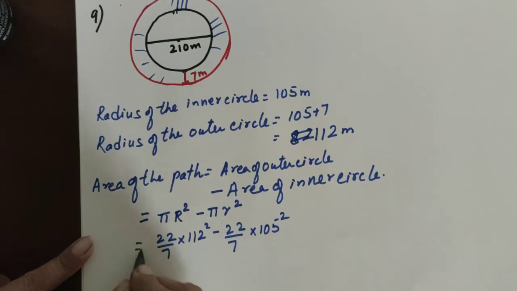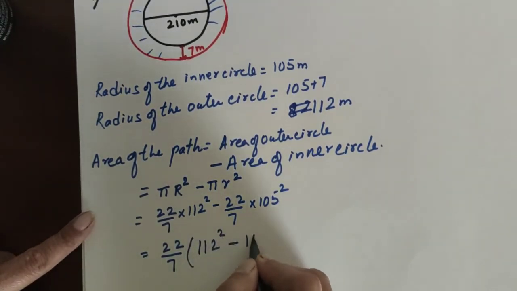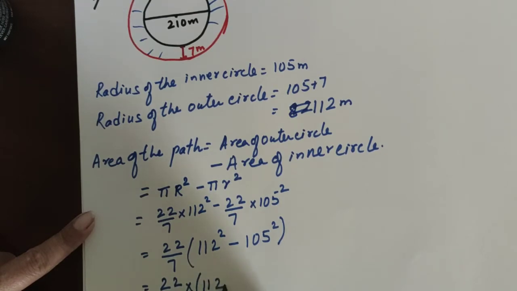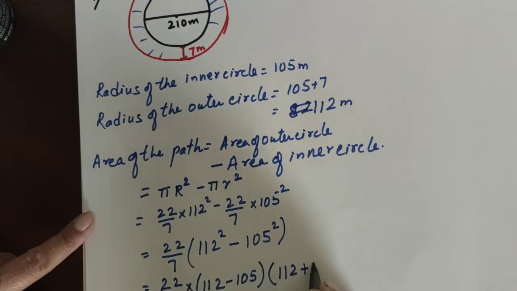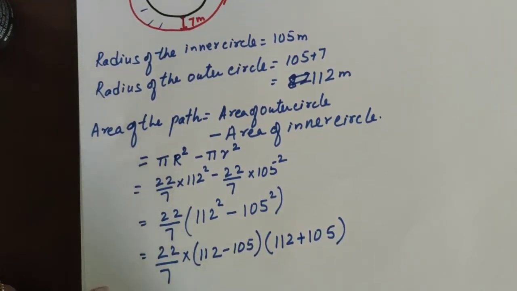Same method, 22 upon 7 you take as common: 112 square minus 105 square. So a square minus b square, so 22 upon 7 into a minus b into a plus b. This should be the method that we will be using.